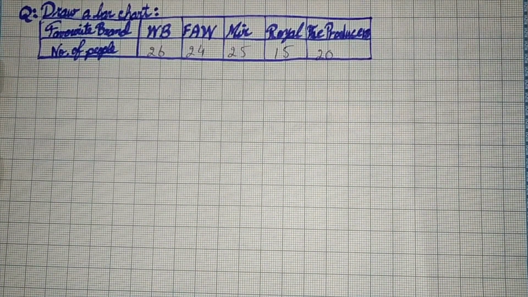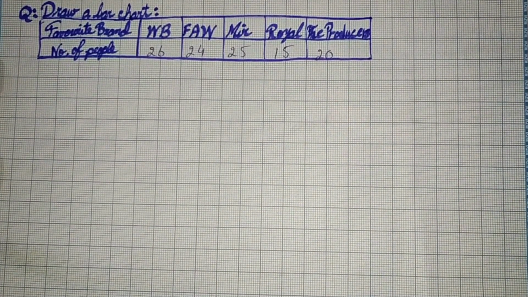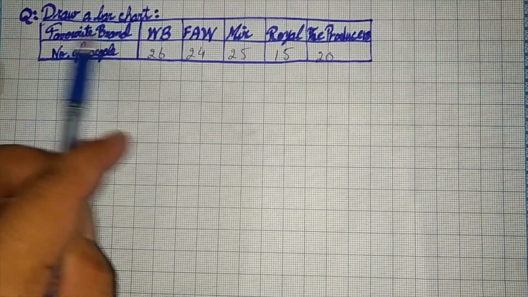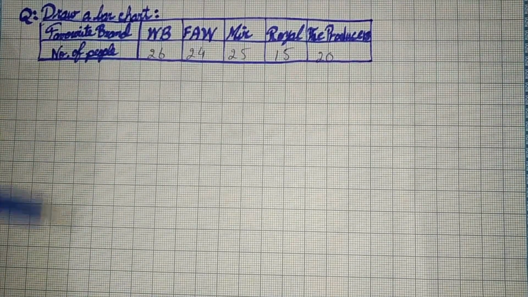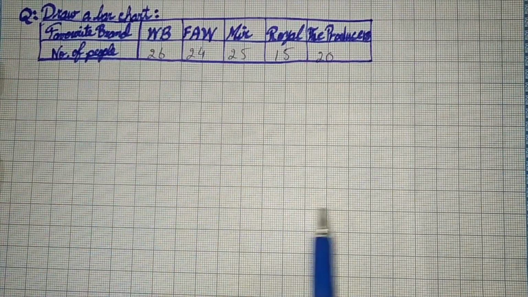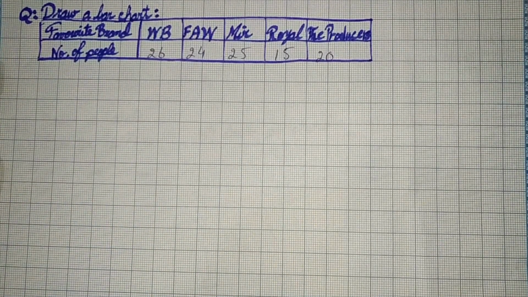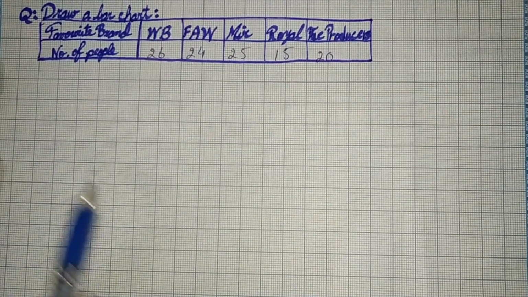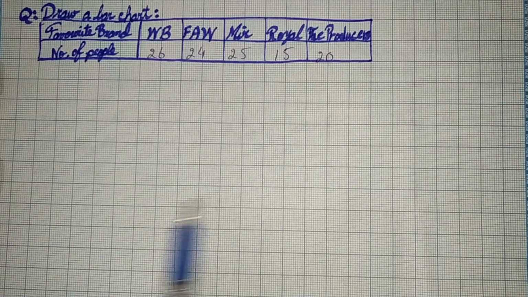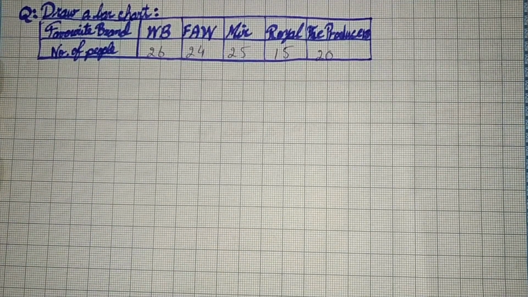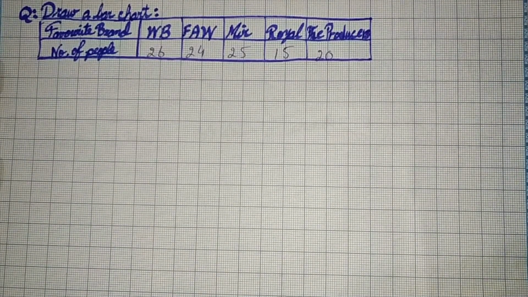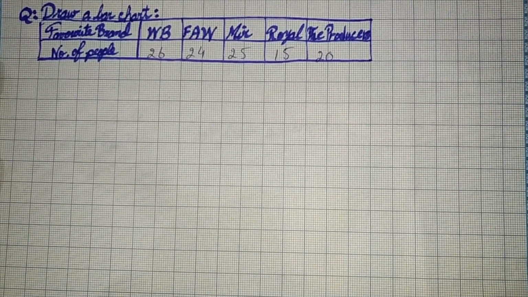So let's start. To draw a bar chart, we will write one type of data on the vertical axis and one type of data on the x-axis. Here we have the y-axis, here we have the x-axis.